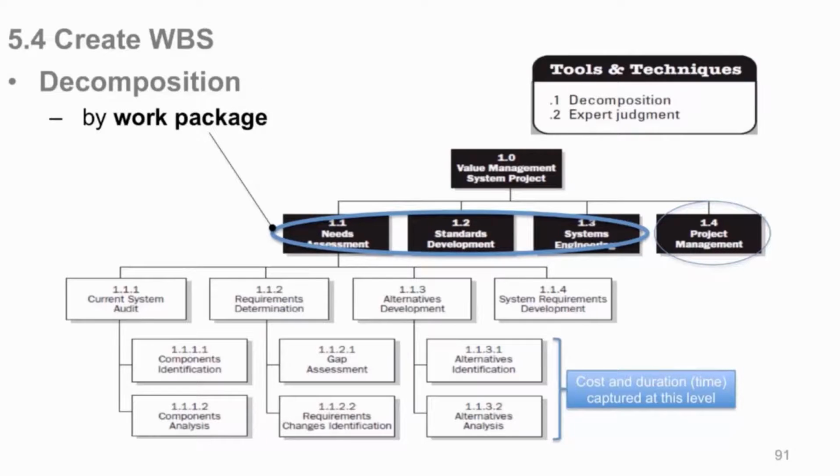And it would roll up as a component of 113, and then that would be done as perhaps a deliverable, but it would roll up over there into a needs assessment, and all those work packages, that's a work package, so all the cost and duration will roll up into that. So eventually you can say from a project standpoint, 1.1 needs assessment took this amount of money, took this amount of time to produce all that stuff underneath. So it's an aggregate.